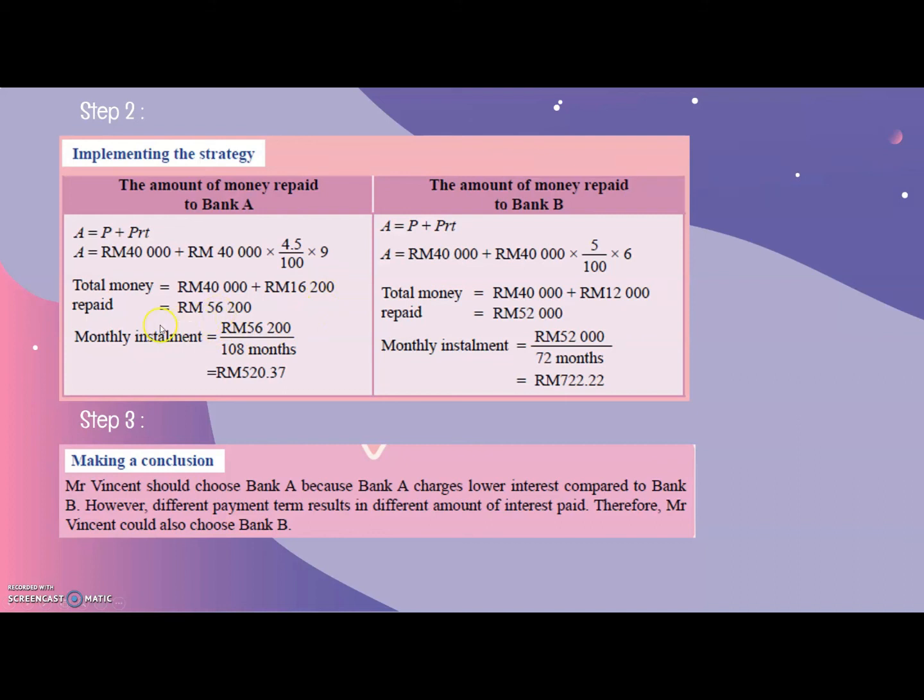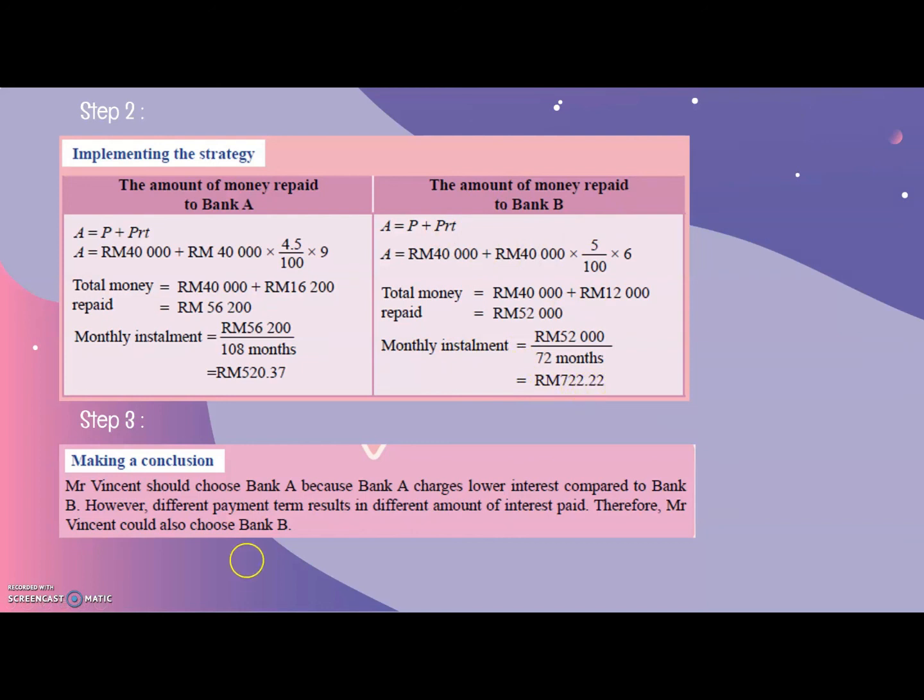So the total to be repaid is 56,200 divided by 108 months, equals 520 ringgit and 37 cents for the monthly installment for bank A. While for bank B, same steps, the monthly installment is 722 ringgit and 22 cents.